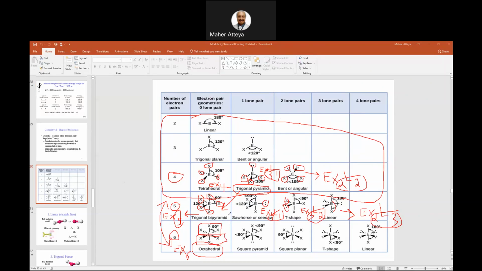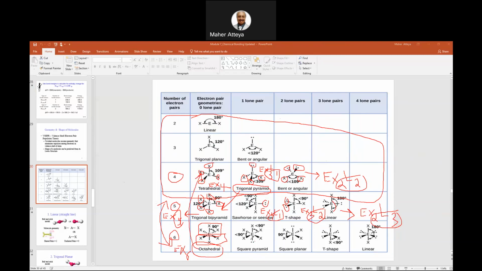Tetrahedral means 4, octa means 8. So two of them are connected here. If you look at this shape, it is octahedral, twice the tetrahedral. They share the same base, but they are two tetrahedrals together. Now you start replacing with a lone pair.